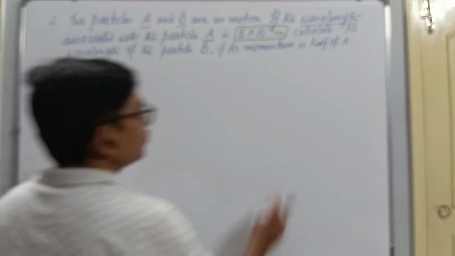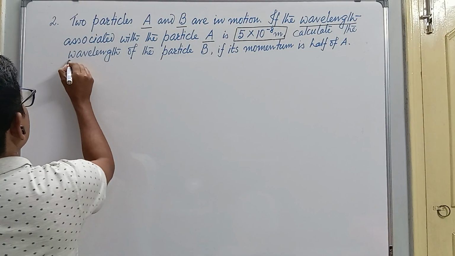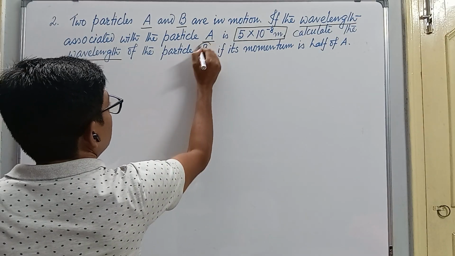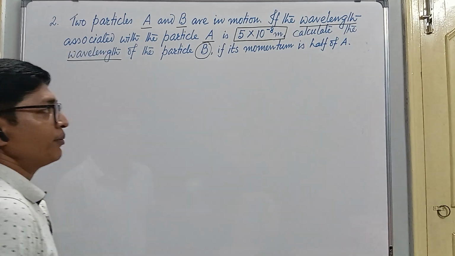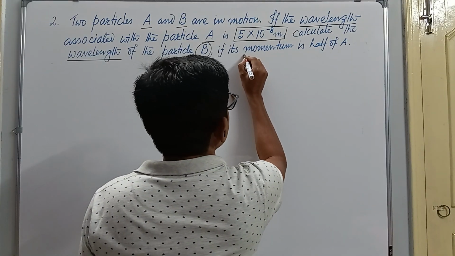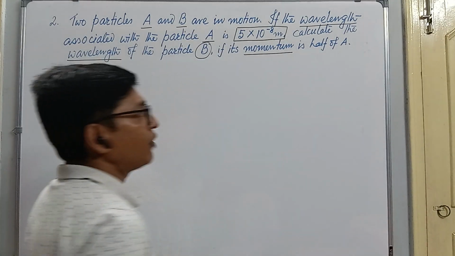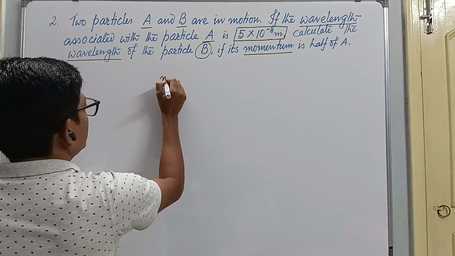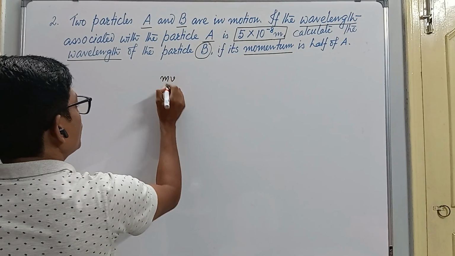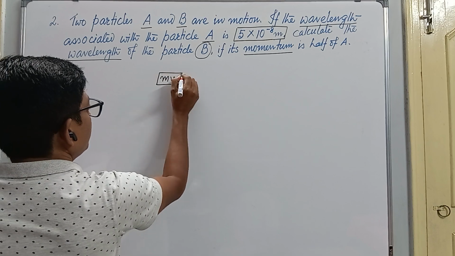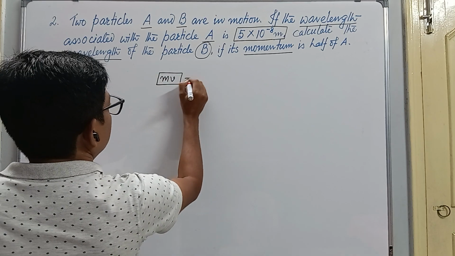Now what we have to do is calculate the wavelength of particle B, and they have given one condition, the momentum of B is half of A. Now what is momentum? You know from the de Broglie hypothesis that the product of mass and velocity is nothing but the momentum.